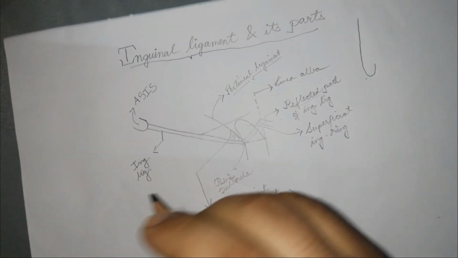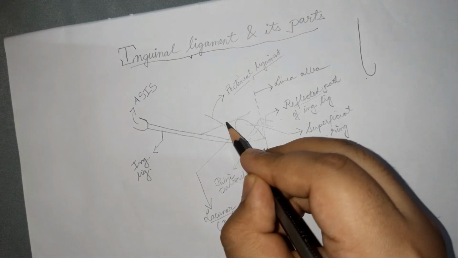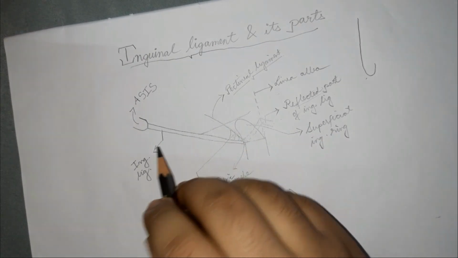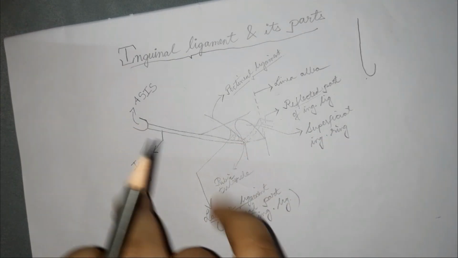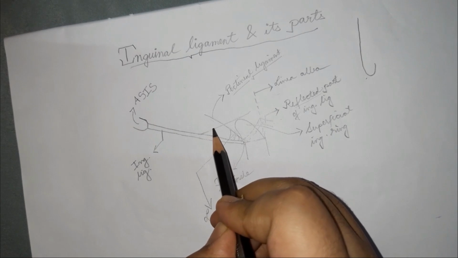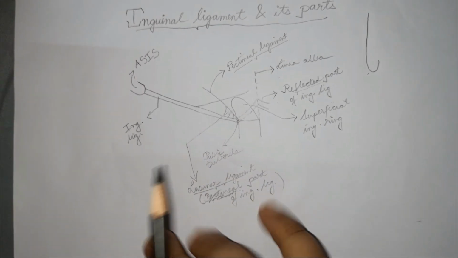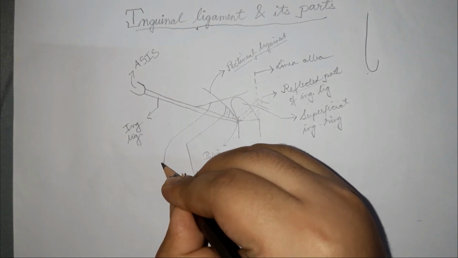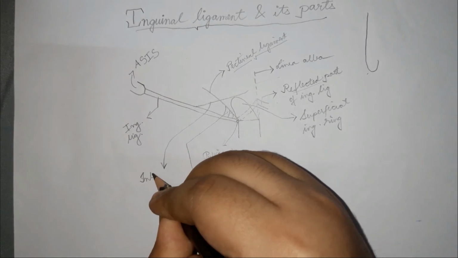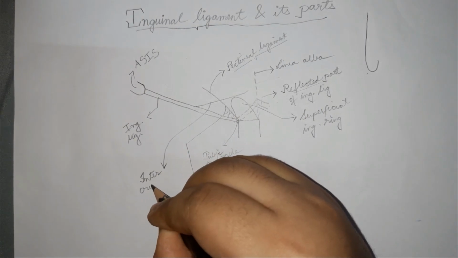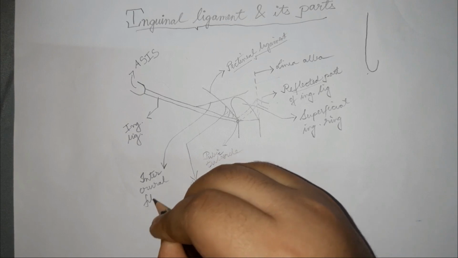The last extension that remains is given off from the middle part of the inguinal ligament. This is what we call the intercrural fibers.